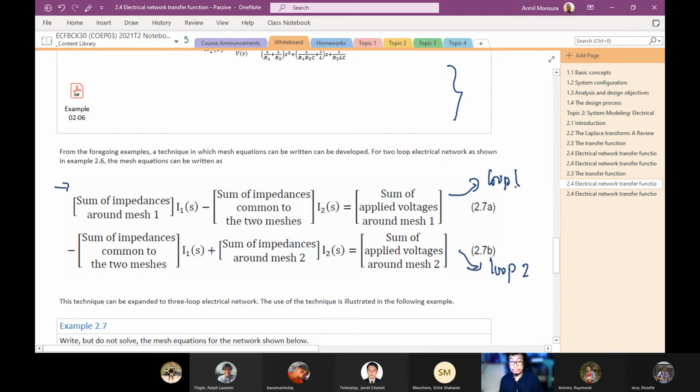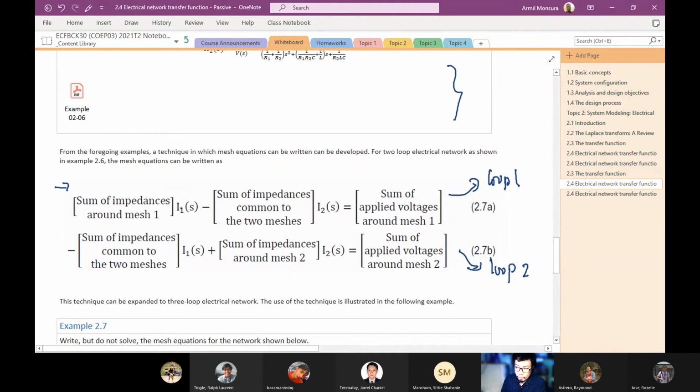And again, take note that loop 1 has I1 as its current. Ngayon, pagka ganun, ang rule doon is that yung impedances that you need to multiply to I1, or to the current flowing in that loop should be positive. Now, the rest of the impedances that to be used would be negative.